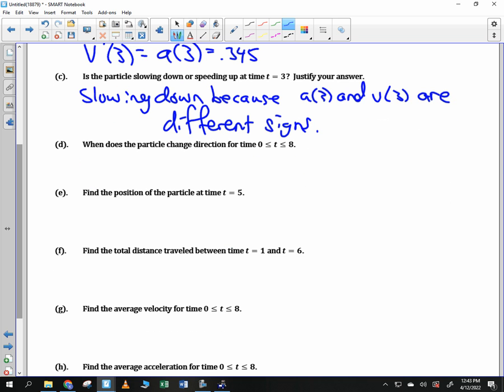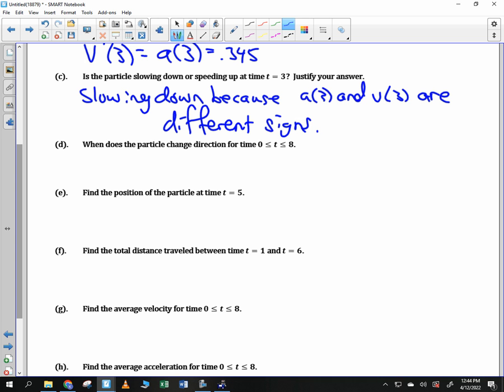When does the particle change direction? Tell me something about the velocity function when the particle changes direction. That's the beautiful thing about velocity. It has direction, right? Yeah, when it crosses the x-axis.